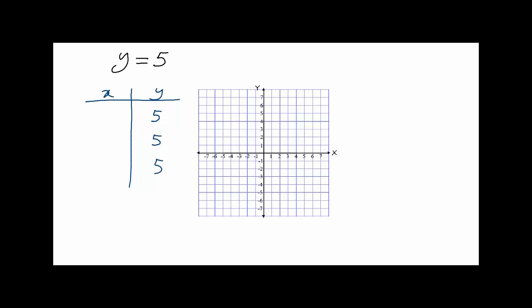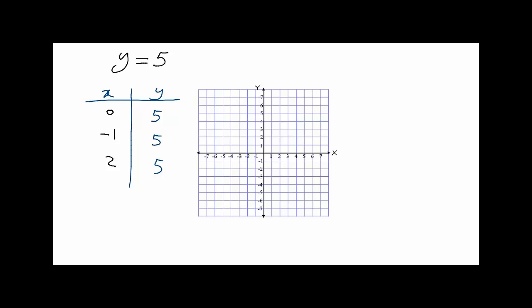Whatever value you choose for x, if you choose x equal 0, y will be 5. If you choose x equal to negative 1, y is going to be 5. If you choose x to be 2, y is going to be 5.